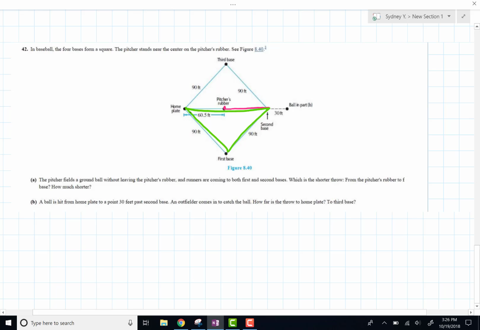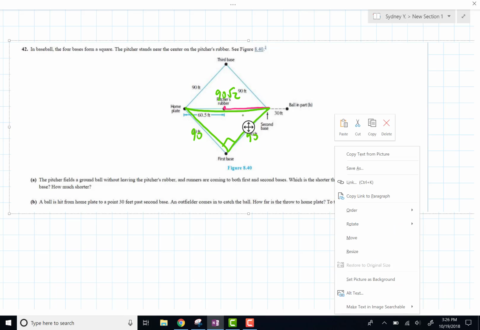Because if I can find this length, I'm just going to take away the 60.5. I know that this is 90, this is 90. If you remember your 45-45-90 triangles, s, s, s root 2, you can get 90 root 2 pretty quick. If you don't, you take it over to the side and do a squared plus b squared equals c squared. That'll also get you 90 root 2.